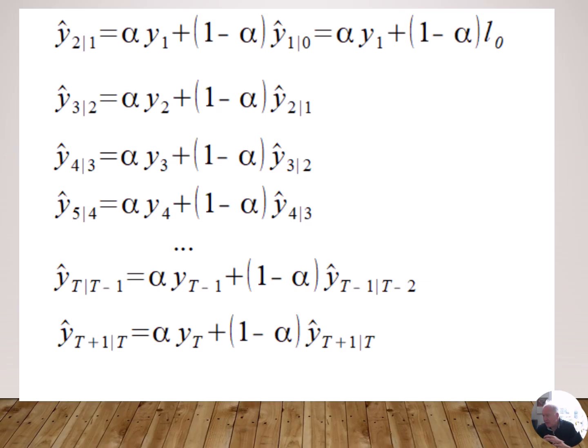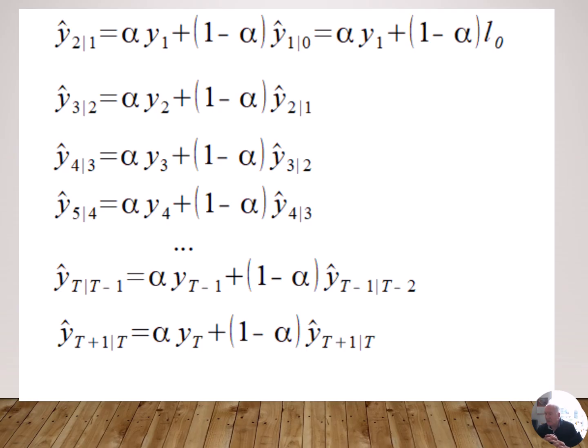So for example, if we look for the data point at t equals 2, it's equal to alpha y of 1 plus 1 minus alpha times the predicted value from 1, which is L0.